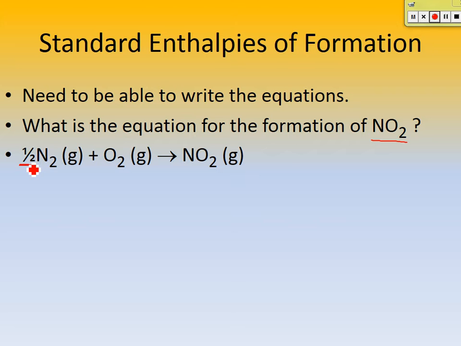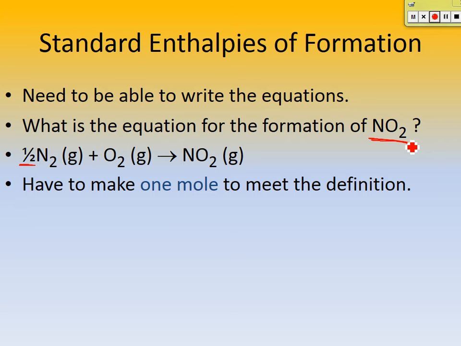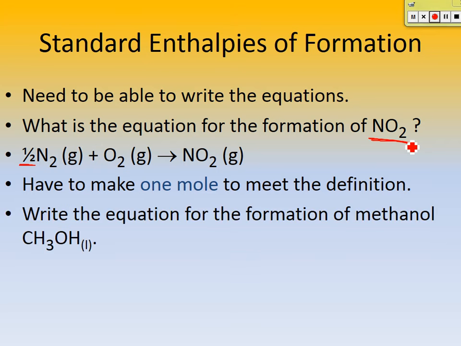You can see that in enthalpy of formation equations all the time, where moles are given as a fraction. Okay, that gives us 1 nitrogen, and then you would add 1 mole of oxygen to that nitrogen to make nitrogen dioxide. So again, standard enthalpy of formation is when you make 1 mole of that substance. You have to make 1 mole to meet the definition.